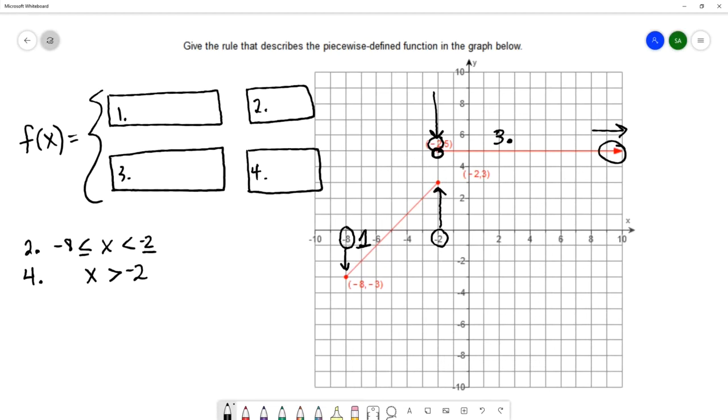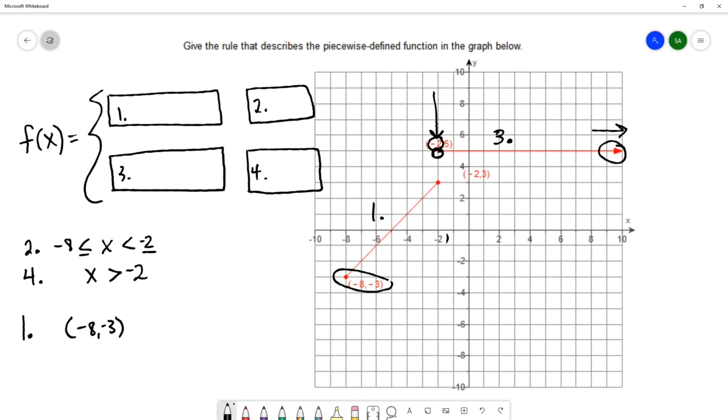Then I want to find the actual equations. So let me erase these markings. And I noticed that this first one, I labeled this with number 1, is a straight line. I'm going to be able to find the equation of the line by using these 2 points. I've got 1 point being (-8, -3).